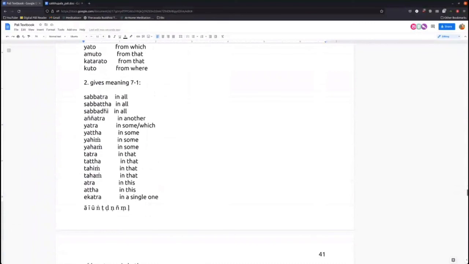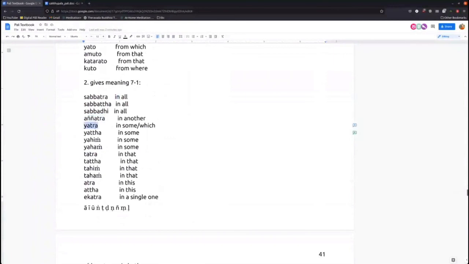Sabbatra, well, some of these are common. Sabbatra, in all. It's like in all places. Anyatra, in or at another. Not necessarily in, it can mean at or near.